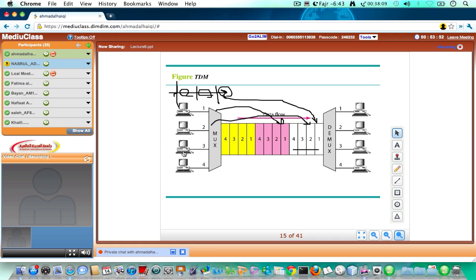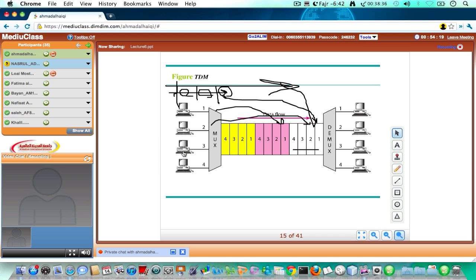And when I say a unit, for example, we have this input line here, the first one. I draw now an arrow. Suppose that the first one has a byte, 8 bits, 001. When I say I take a unit, the unit could be a bit. So I mean take a bit, just a bit, put it here.